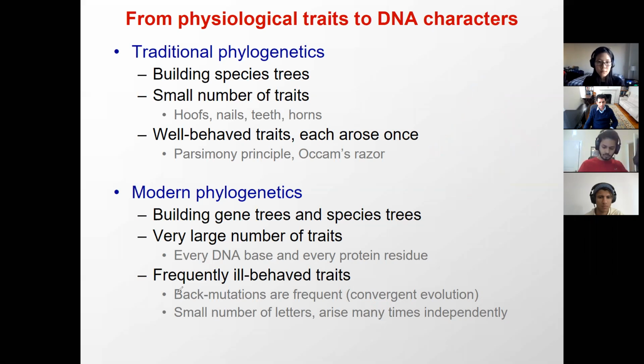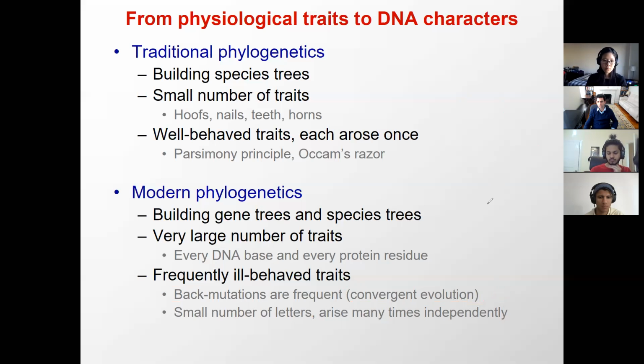So again, these back mutations are frequent, and they are not just simply convergent evolution. They look like convergent evolution, but they're simply coalescence events or convergence events. And there's also a very small number of letters that arise many times independently.